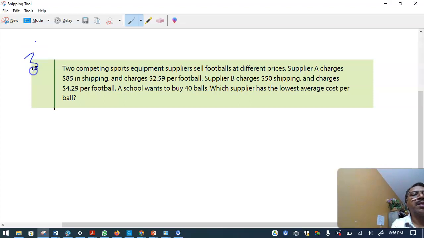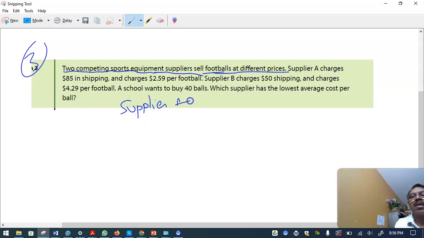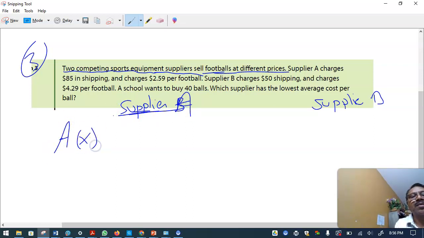Question number 3 says two competing sports equipment suppliers sell footballs at different prices. So there is supplier A, and there is supplier B. So all you do is you create a rational function for the first one, and I call this A of x. So you want to know how much will be the average cost per football.